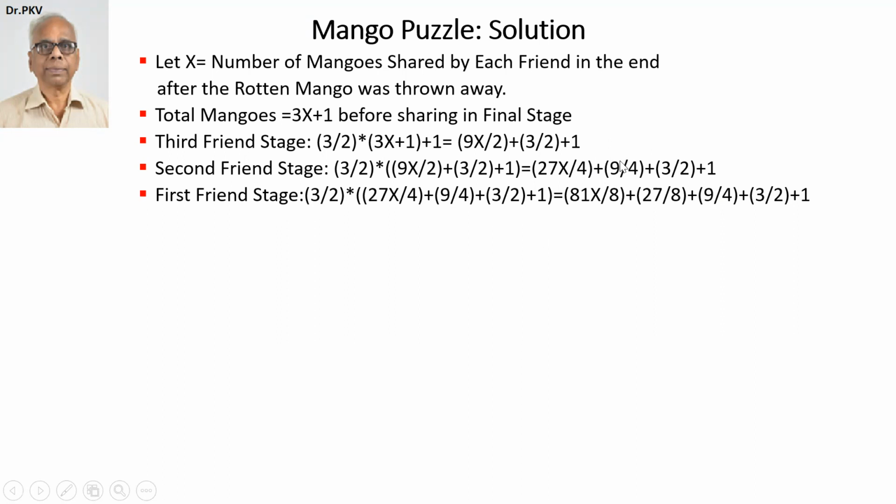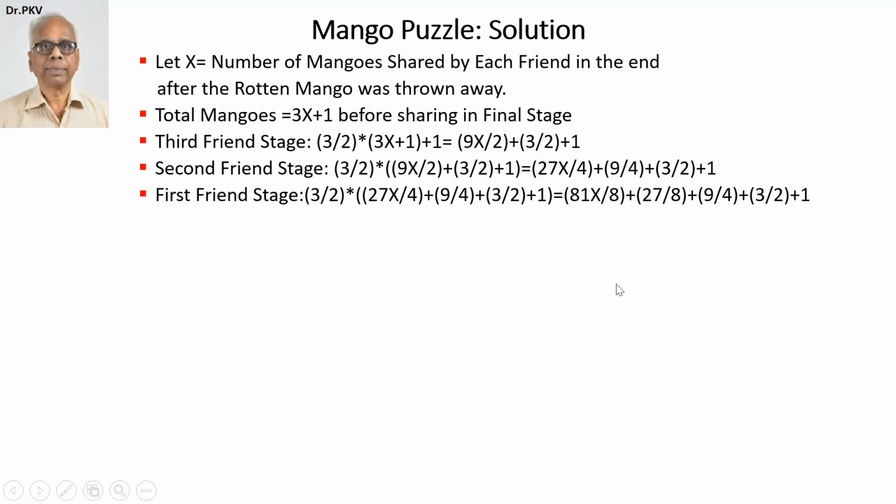This you multiply by 3 by 2, you get 27 upon 8. This you multiply by 3 by 2, you get 9 upon 4. This you multiply by 3 by 2, you get 3 by 2 plus 1, the friend ate, and then only he stole 1/3. Therefore, this is the number of mangoes that should have been plucked.